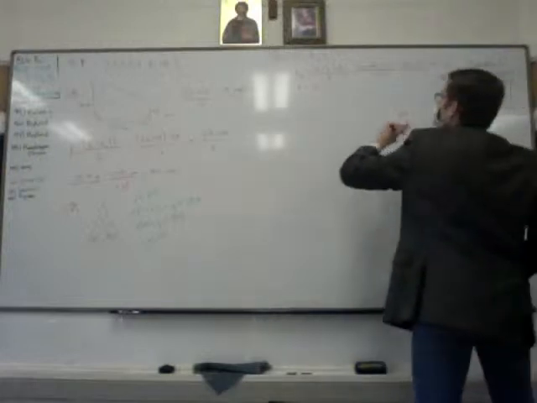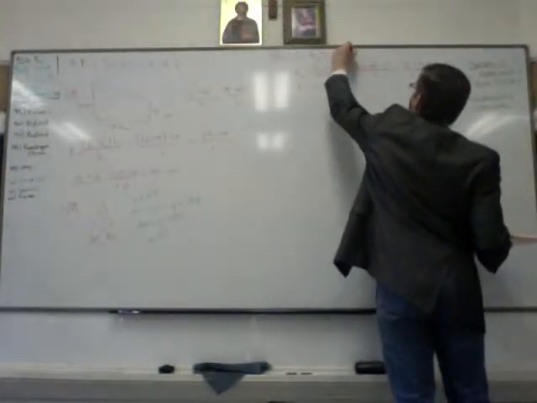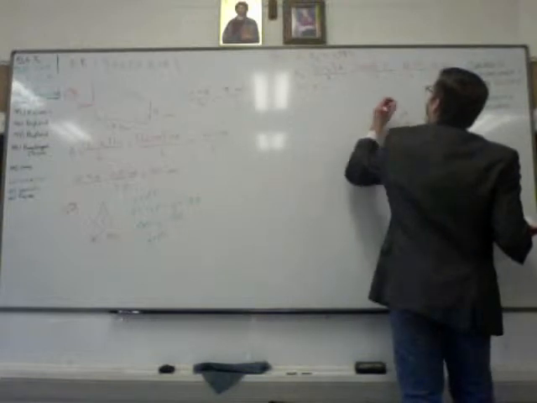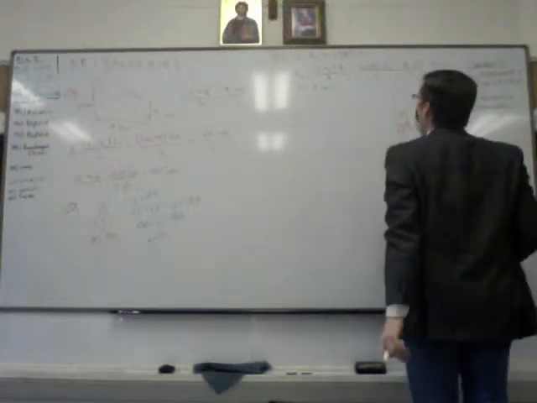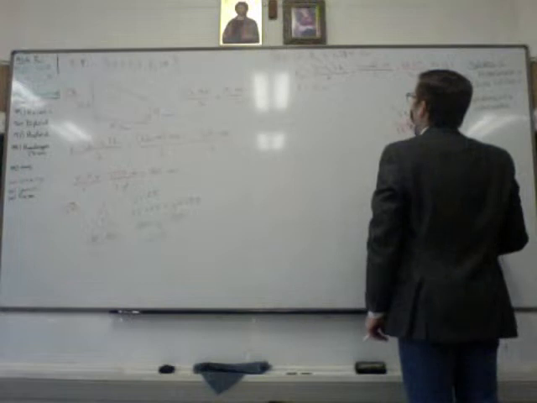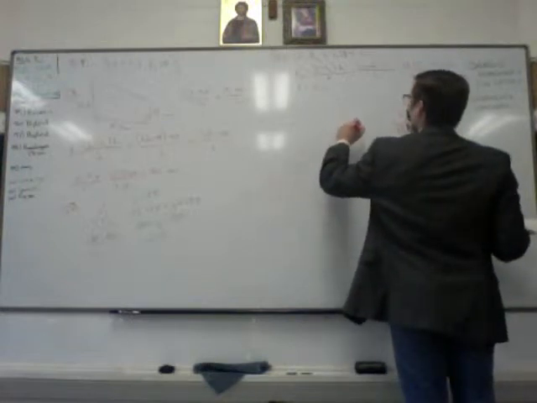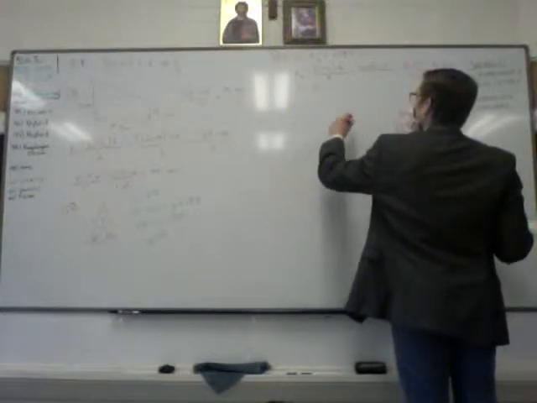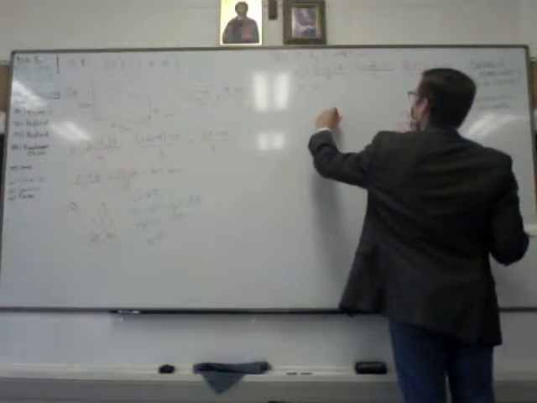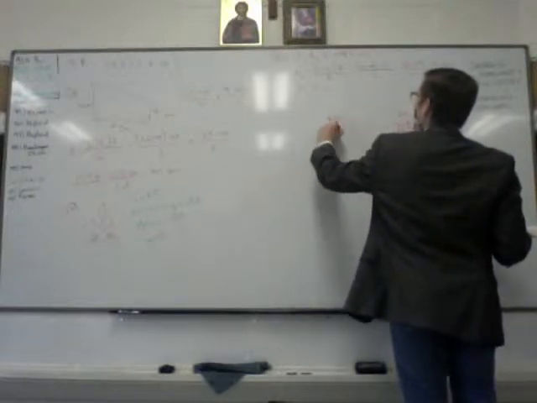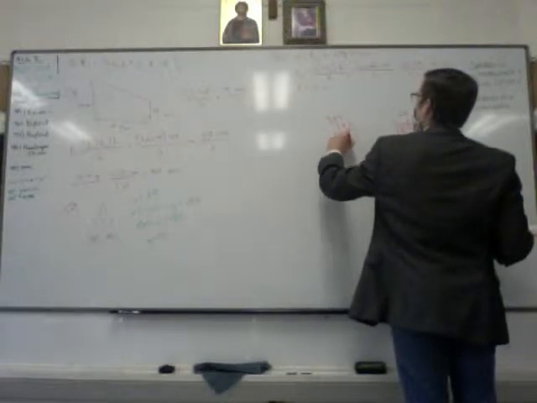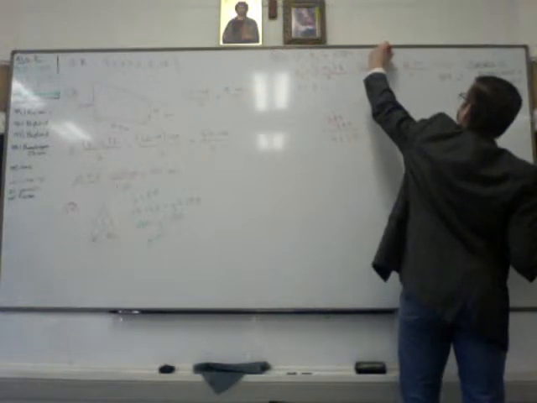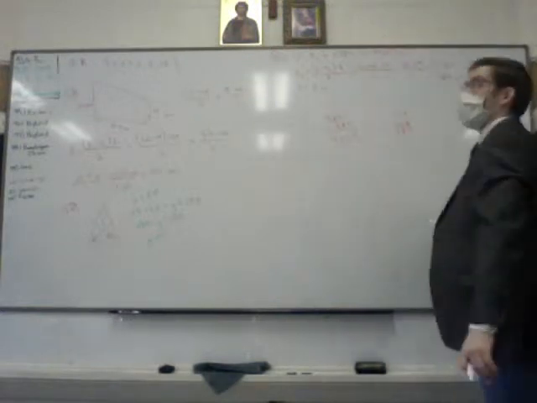Okay, so what's the volume? 384 times 11. What's 384 times 11? 4,224. Multiplying things by 11 is not very difficult. Cubic meters, right? Because it's volume.